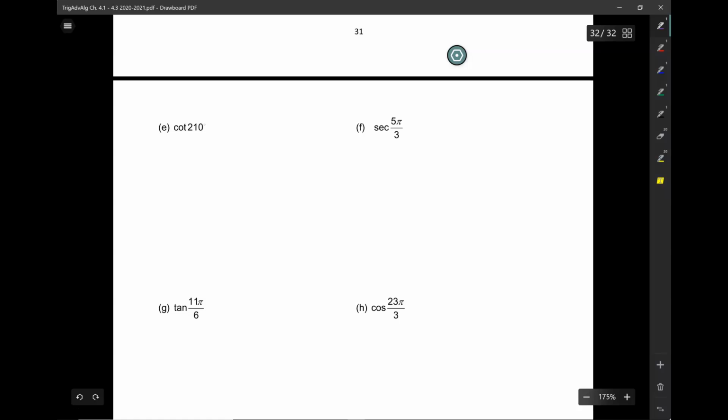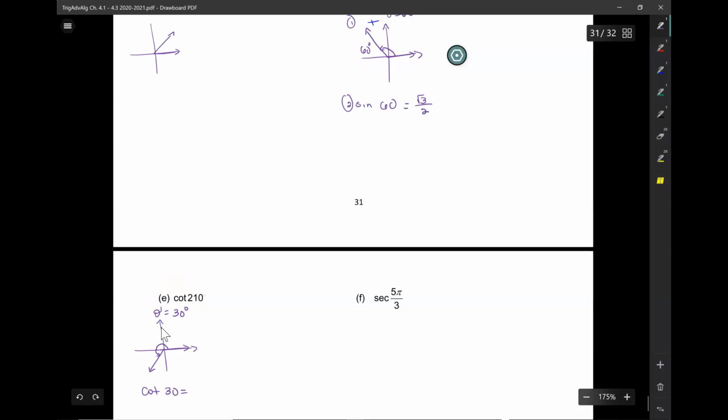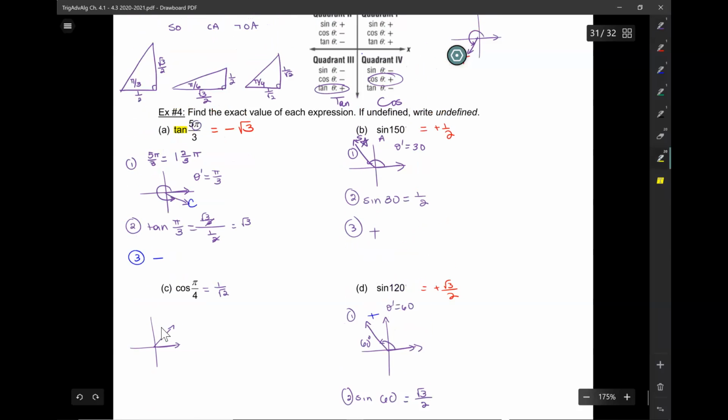Okay, next, 210. That's 180, 210. Theta prime is 30 degrees. Now, what I'm looking for here is cotangent of 30 degrees. 30 degrees is like pi over 6, so I go to the second triangle.